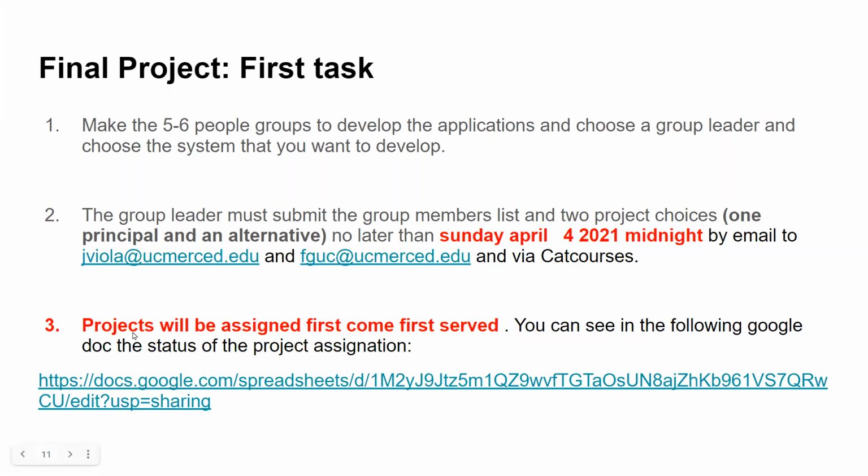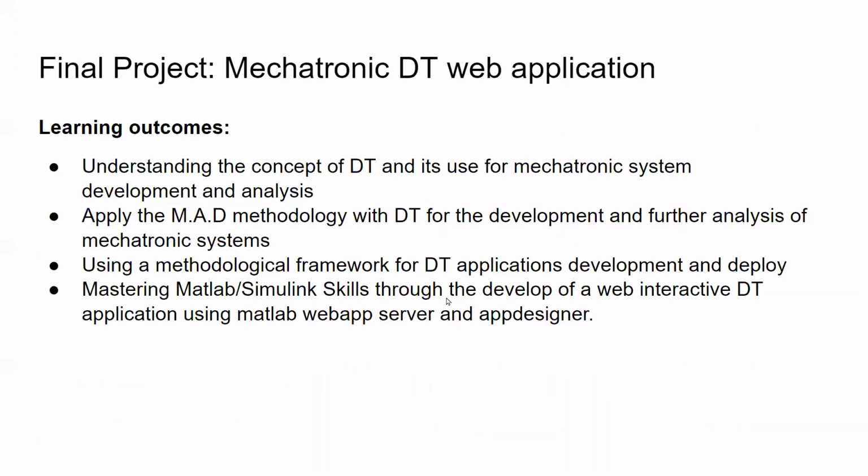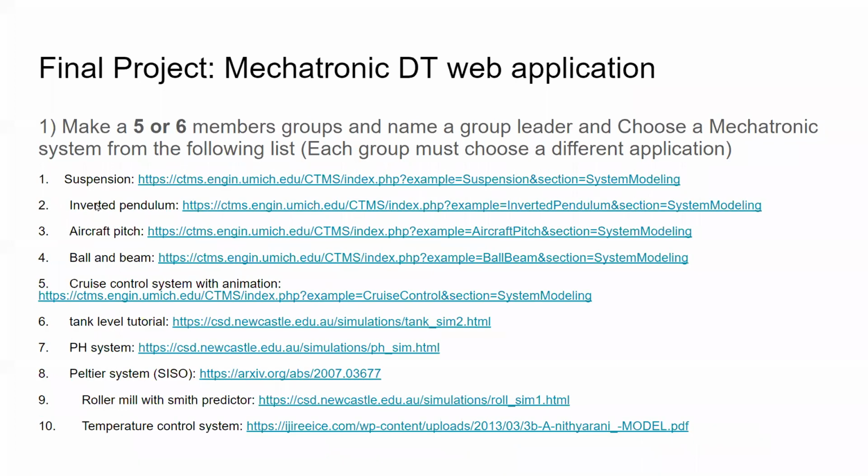Something really important, the projects will be assigned first come, first served. So the first person that sent us the email, that's the person that will have the project. You have 2 choices. For example, let's say you choose inverted pendulum and you choose pH system.